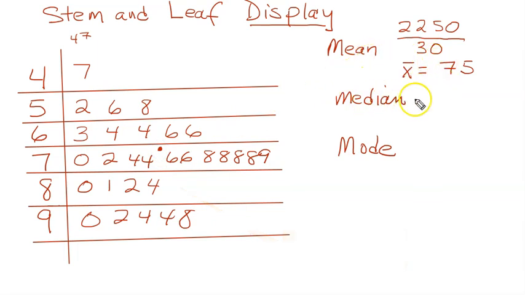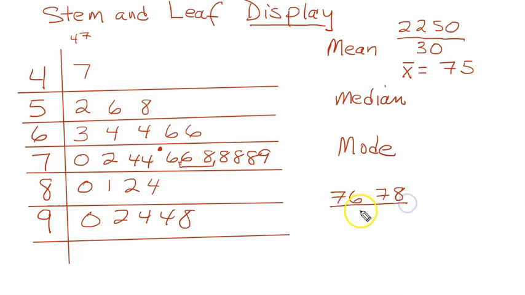Now, what is the median? Well, we said there were 30. So we're going to count: 1, 2, 3, 4, 5, 6, 7, 8, 9, 10, 11, 12, 13, 14, 15, 16. So our median is going to be between these two numbers, which is 76 and 78.